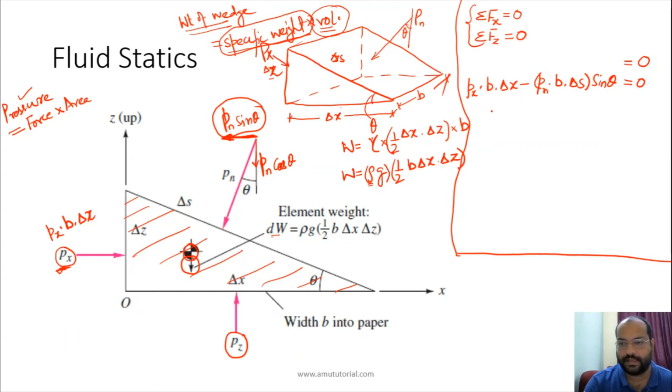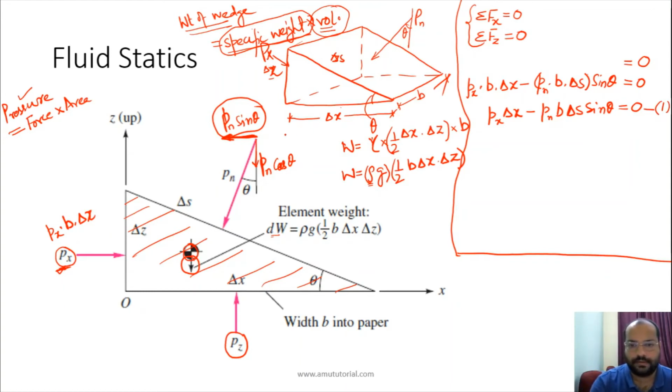Here we can say that Px b delta z minus Pn b delta S sine theta is equal to 0. Let us say this is equation 1.